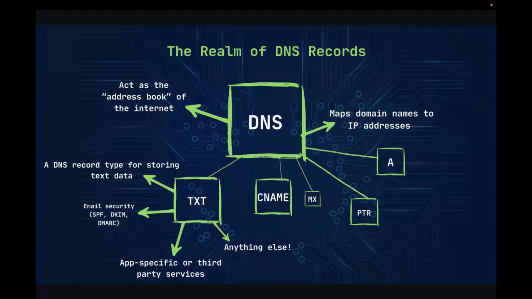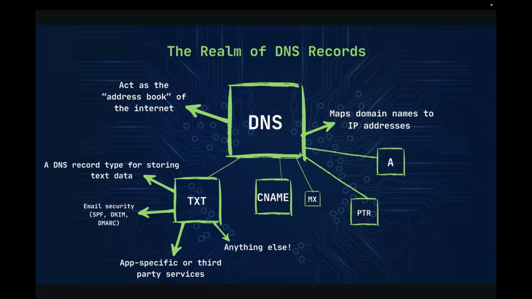So a bit about DNS for those who didn't raise your hand. DNS basically acts as the address book of the internet. It essentially maps domain names to IP addresses. As you can see, we've got quite a few DNS types. We've got A records, PTR records, MX records, which is used for mail services, CNAME, and of course, TXT records. Now, TXT records is what we'll be looking into today.